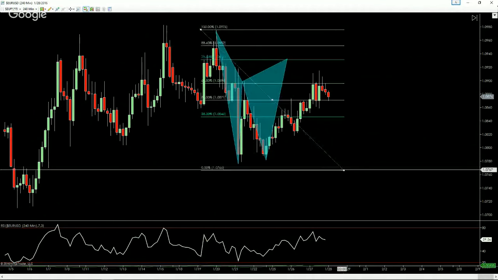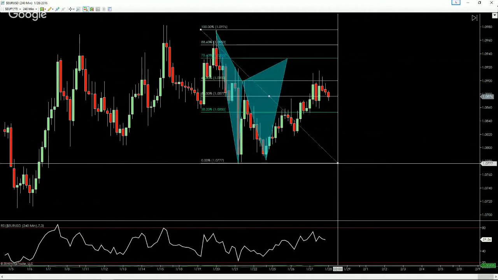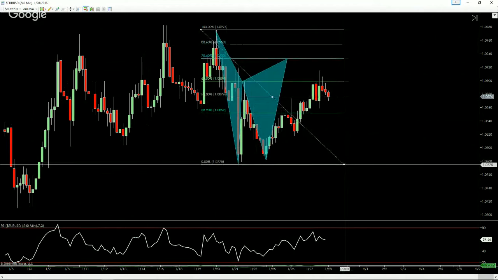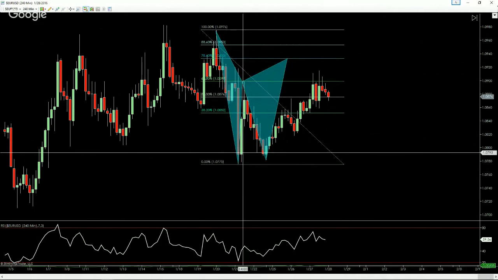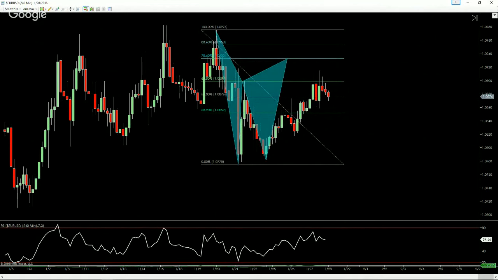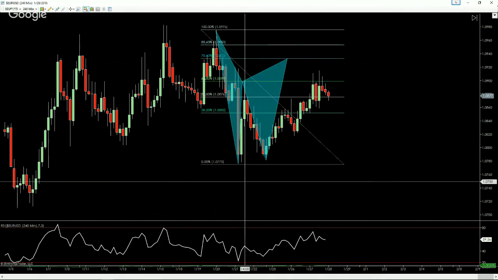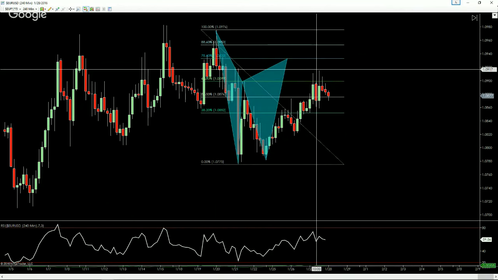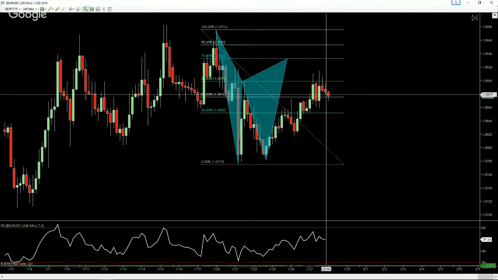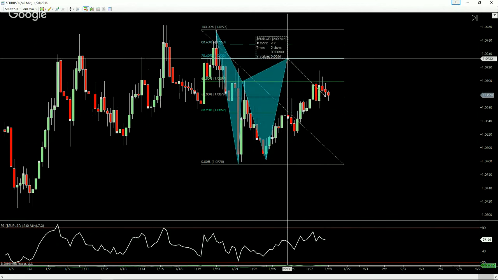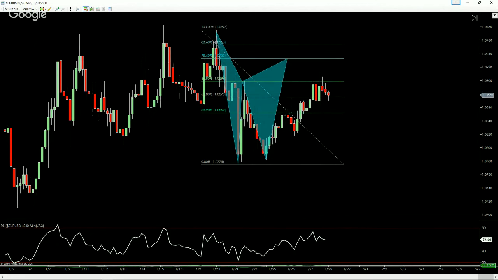Let me double check. Yes, we still have that Gartley pattern. It's still valid. The A leg wasn't violated. It looks like it's a little bit far off, but not too much, about 56 pips from completion.